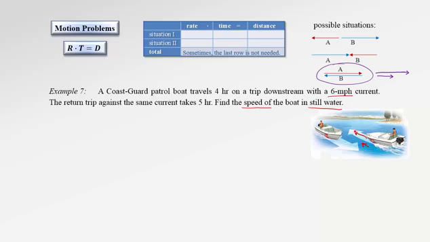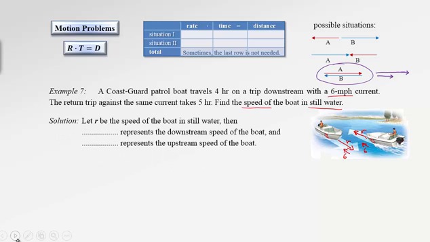If the speed of the boat is called r, then the overall speed of the boat that moves downstream is this r plus the current 6. However, if the boat comes back with the same own speed r and the current is still going backwards, then the overall rate of moving the boat forward is actually r minus 6.